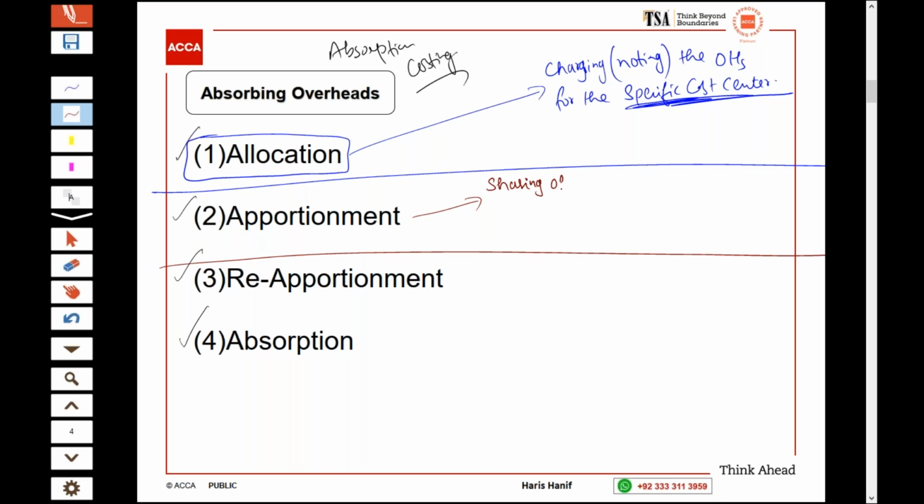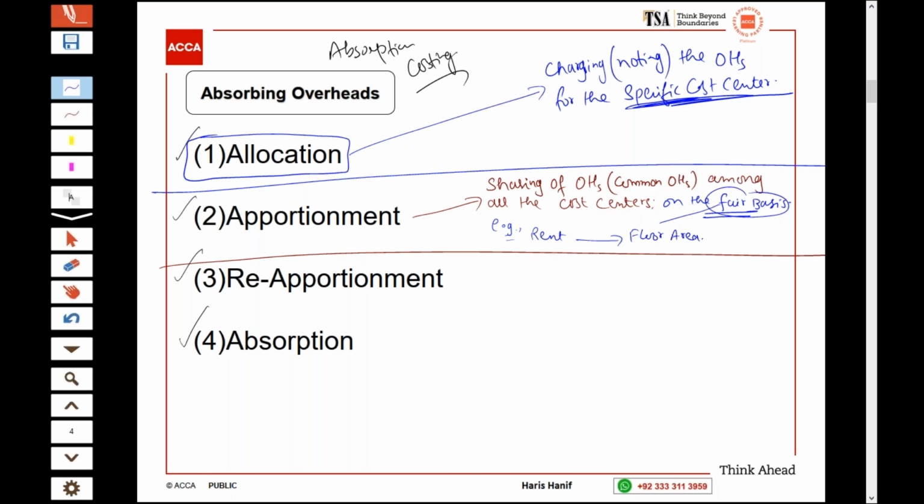That means sharing of common overheads among all the cost centers on a fair basis. Fair basis means that the cost will not be divided equally, but according to a logical basis. For example, if there is rent, then the rent will be shared on a fair basis according to the floor area which they are occupying.